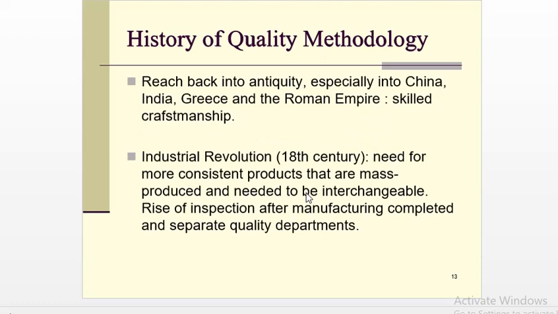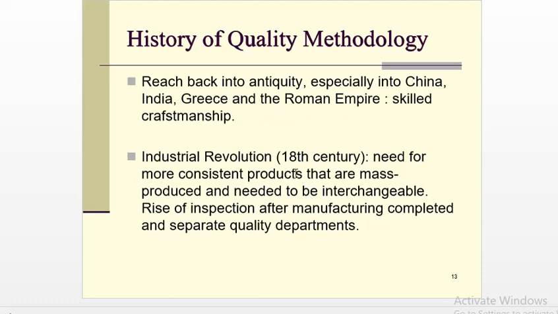Then, the history of quality and methodology. It reaches back into antiquity, specifically into China, India, Greece, and the Roman Empire, with skilled craftsmanship.